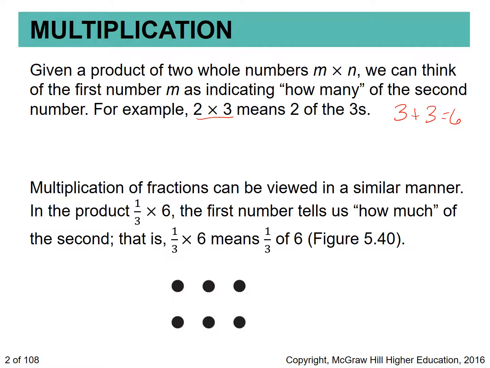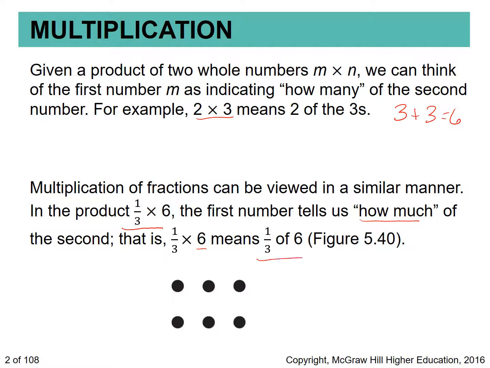We can think of the same way as far as multiplying fractions. So here, if I wanted to find what 1/3 times 6 is, the 1/3 tells me how much of the second quantity, which is 6, that I want.